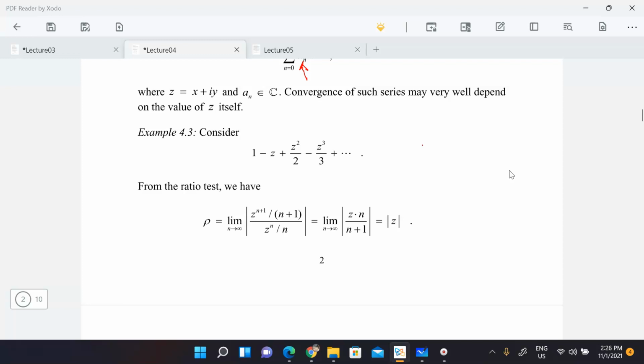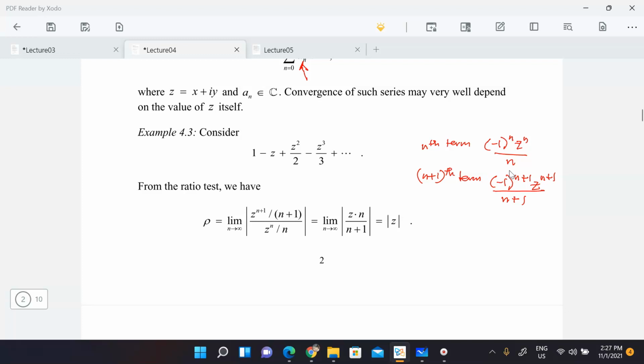So let's look at the n term first. The n term will be minus 1 to the n, z^n divided by n. And then the n plus 1 term will be minus 1 to the n plus 1, z^(n+1) divided by n plus 1. One can divide these two terms together now.